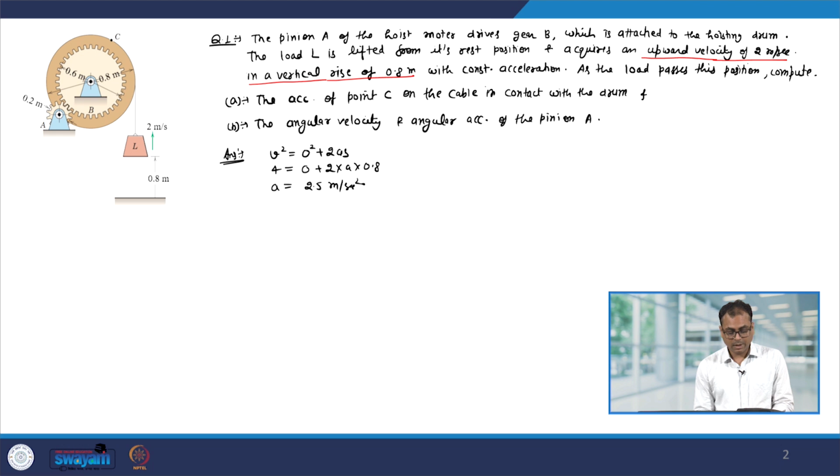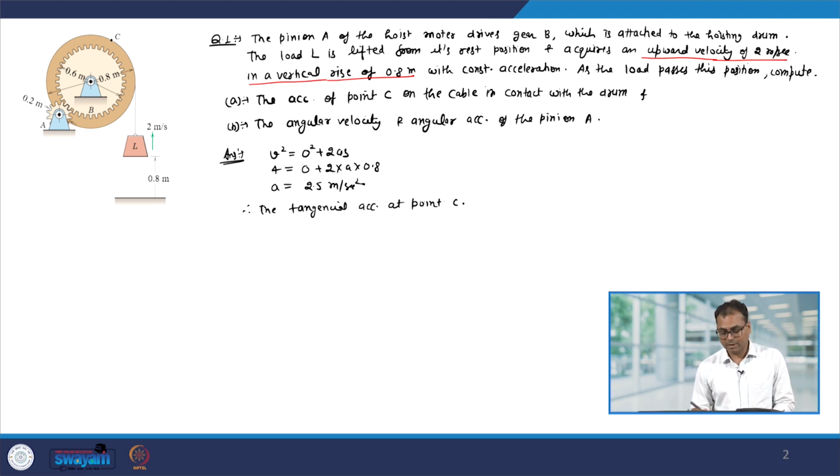Now, this load is connected by a cable, therefore, the acceleration of the cable, or rather the tangential acceleration of the cable, will be 2.5 meter per second square. This is the tangential acceleration at point C. And the same is true for the velocity also.